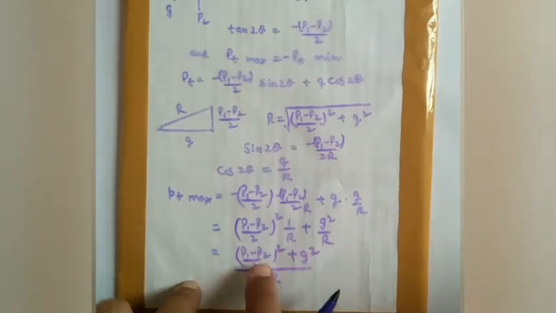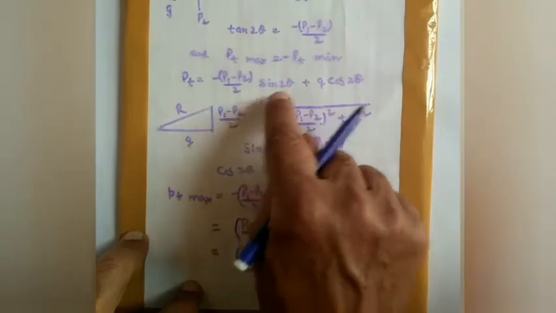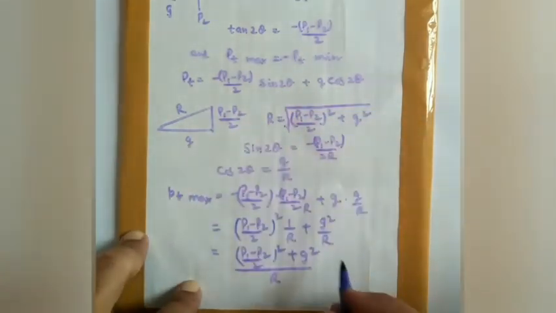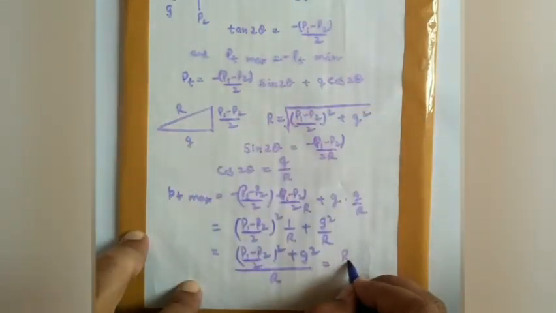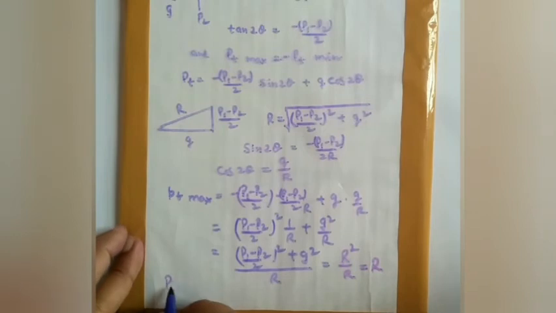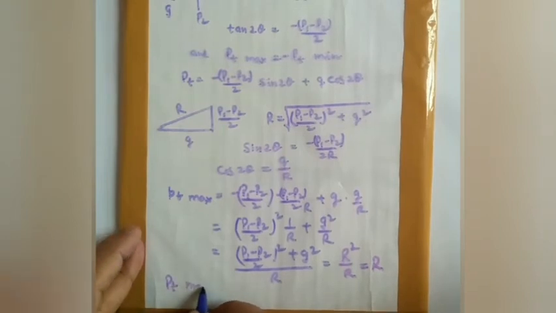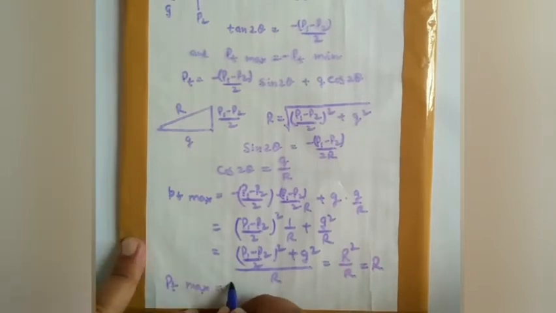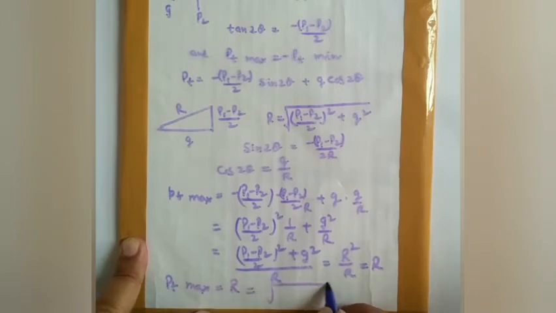If we see the numerator is nothing but r square from this, so we can write this equal to r square by r, or finally r. So Pt max is equal to nothing but r, and opening value for r we get root of ((p1 minus p2) by 2) whole square plus q square.